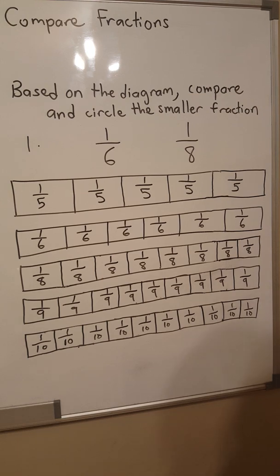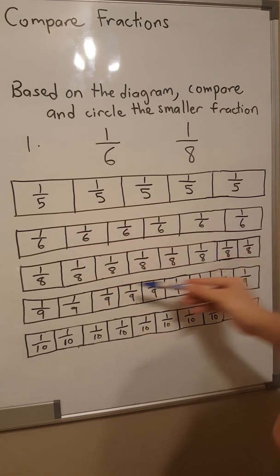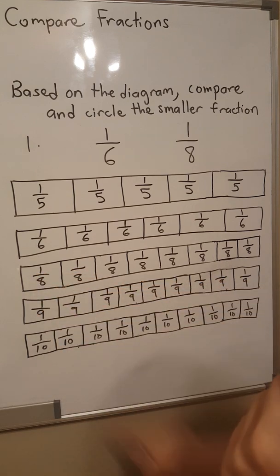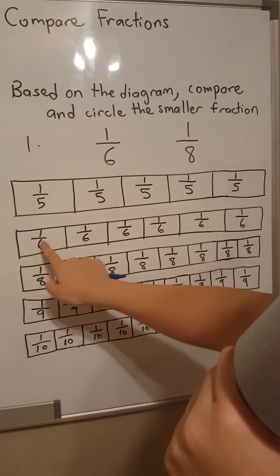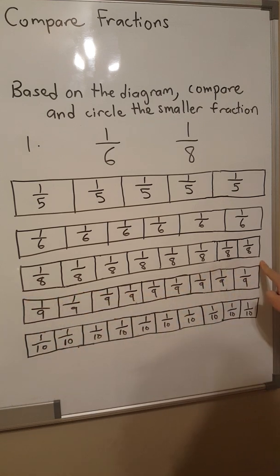If you can see, we have the same length from this point to this point, for both 1 over 6 and 1 over 8.